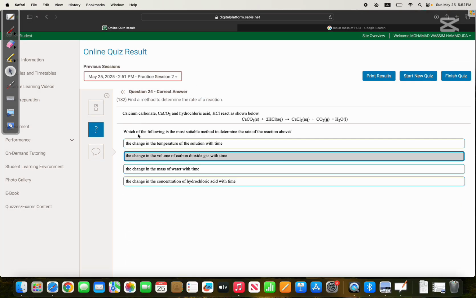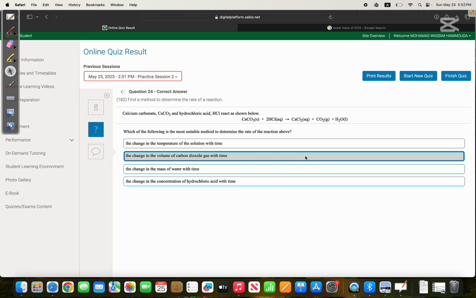Which of the following is the most suitable method to determine the rate of reaction above? The change in temperature of the solution with time? No, because the rate of reaction is basically either the amount of reactants consumed or the amount of products produced per unit time, of course.